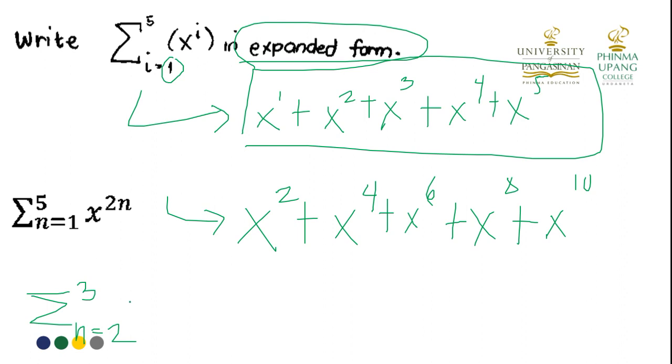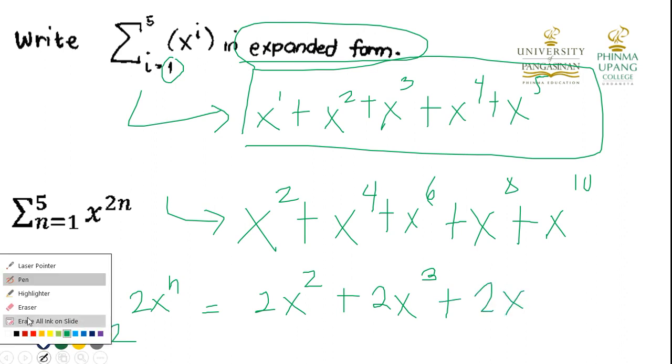Okay, kunyari, lagyan natin ng this is 2x raised to n. So, the upper limit is 3 and the index starts from 2. Using this formula, the answer here is 2x raised to 2 plus 2x raised to 3 plus 2x.